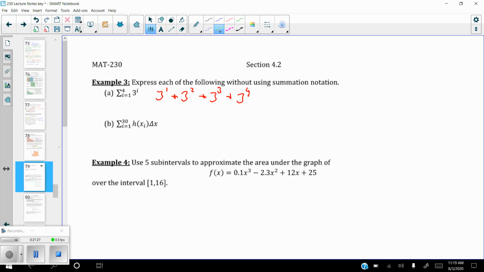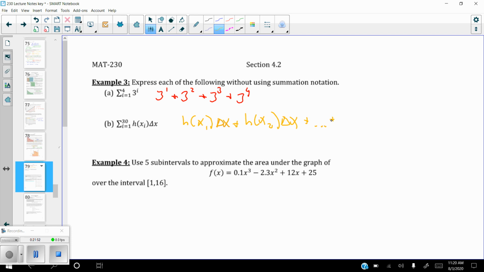So typically what we will do is we'll start off with the first couple. So it'll be h of x sub 1 delta x plus h of x sub 2 delta x. That's enough to at least get the pattern started. Then what we're going to do is put plus dot dot dot, which means it's going to keep on going.